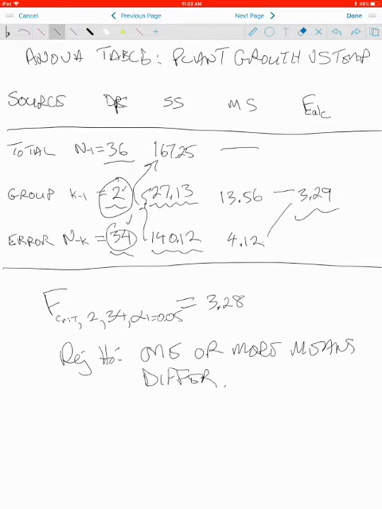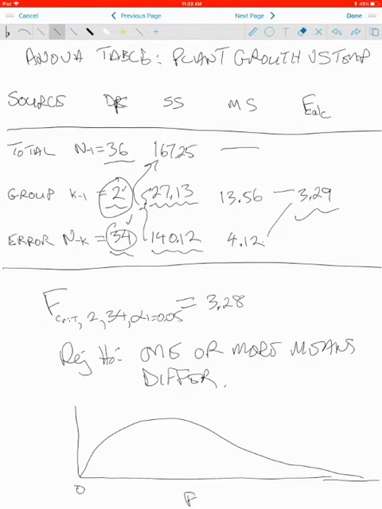And we don't know which mean differs, right? So for an ANOVA, this is as far as we can go at this point. If you reject the null hypothesis, at least one of those means differs from the others. And just to sketch out again the F distribution for 2 and 34 degrees of freedom, it kind of looks like this. This is 0 over here.